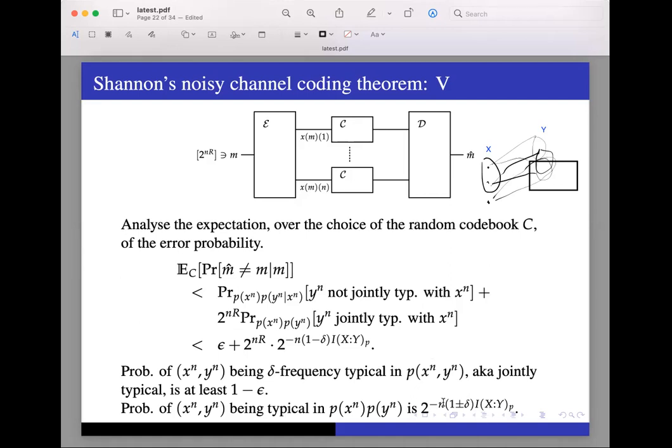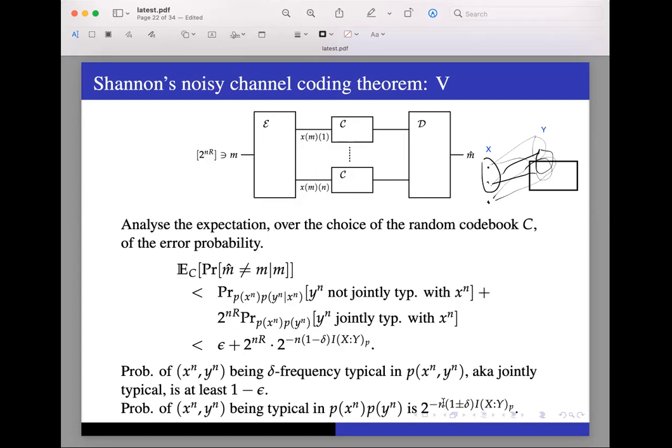Here's a slightly simpler reason. If you look at the n copy product distribution of Pxn and Pyn, how many guys are inside? There are roughly 2 to the n times (Hx plus Hy) guys in the typical set.